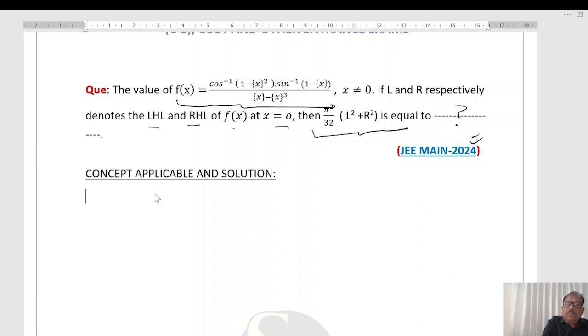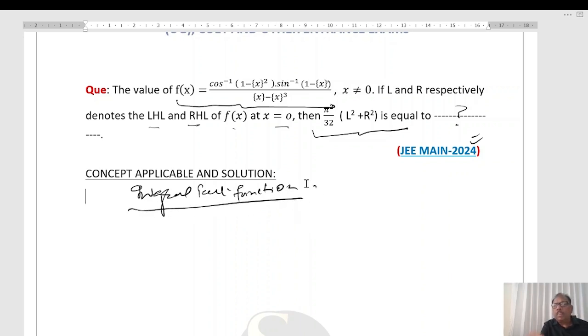The concept applicable is the integral part function. The answer is always an integral part. So what will we do?